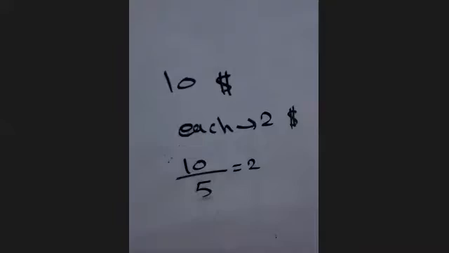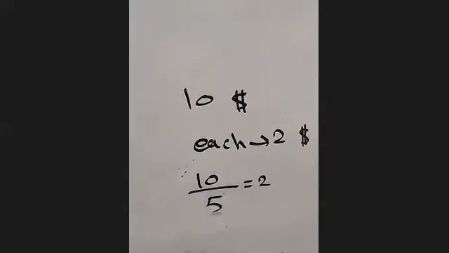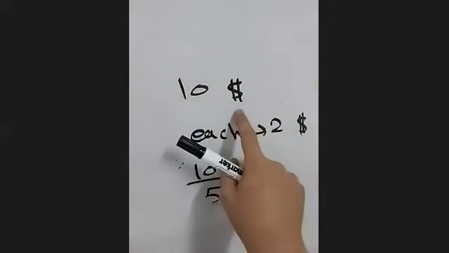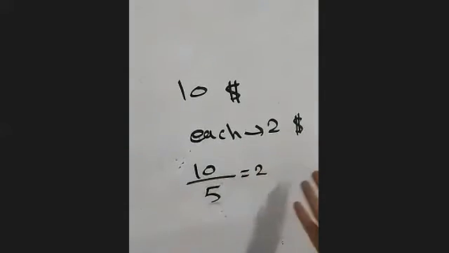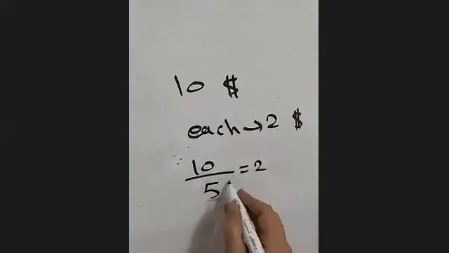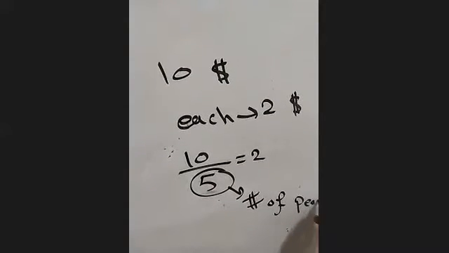Okay. Now let's go back to our example. Muad, are you with me? Again, guys, you have $10 in total. Each person will get 2. So to know how many people, you divide 10 by 2 to get 5. So here the answer will be the number of people, okay?